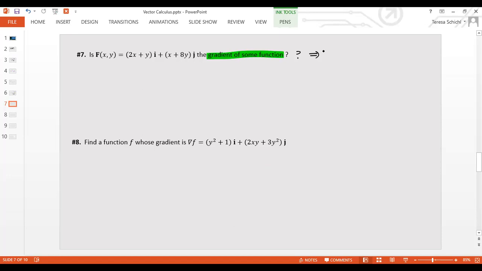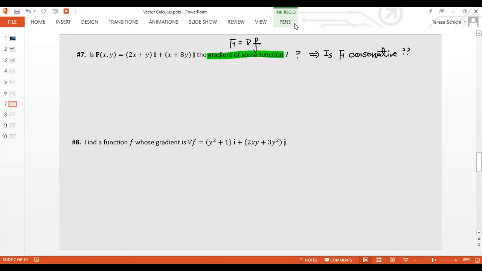They are asking whether F is conservative or not, because if you can find F equal to the gradient of some function, then F is conservative. That's the definition.